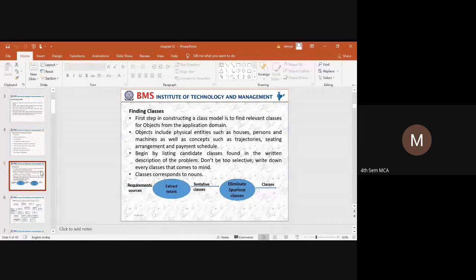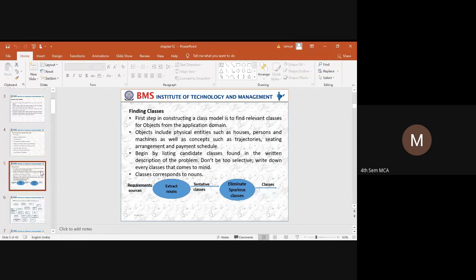Here is a method for how we are going to extract the class names. The first thing is requirement sources. We have already gathered all the requirements. From the requirements, we need to extract all the nouns. We need to identify what nouns are there in the requirements. From those nouns, you list these as the different tentative classes.